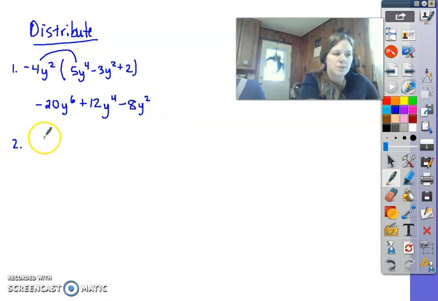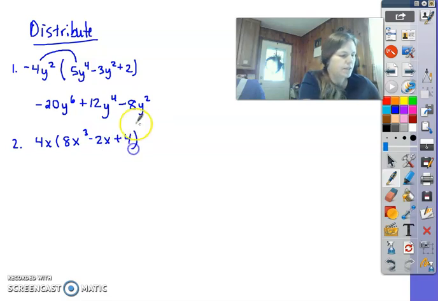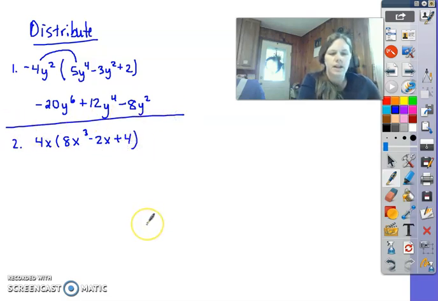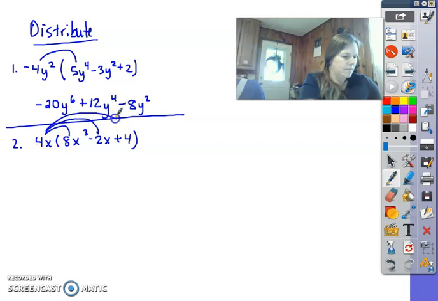We'll do probably 2 more. 4x times the quantity 8x to the third minus 2x plus 4. I'm just going to divvy that up with a line there. 4 times 8, x times x cubed. Does it help to put that 1 on?